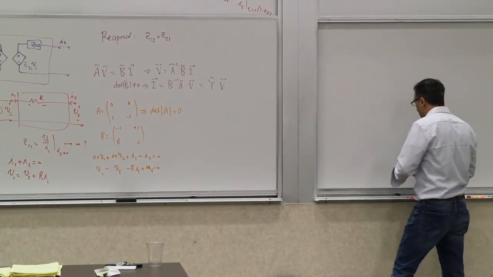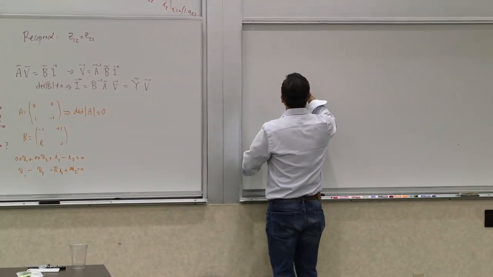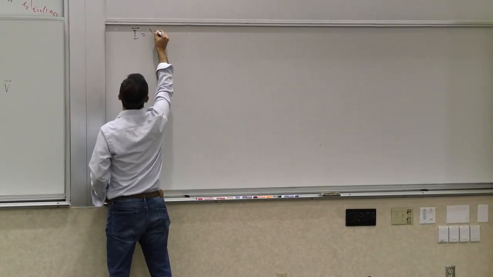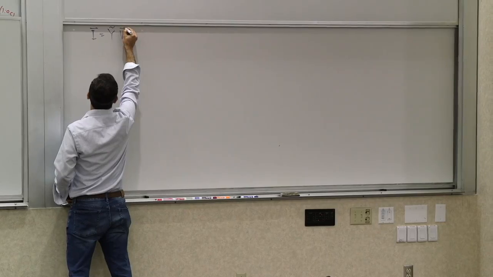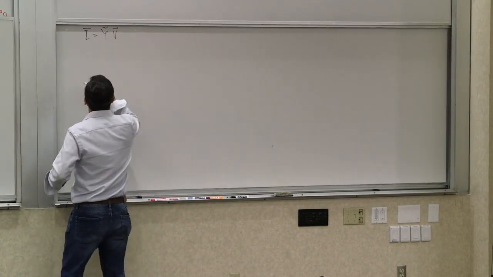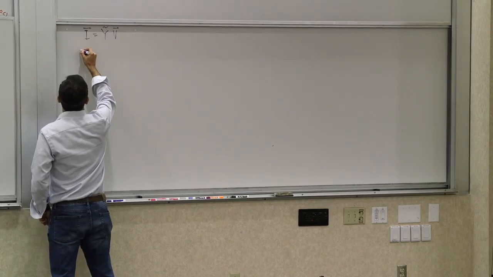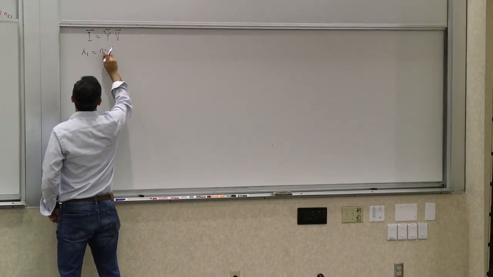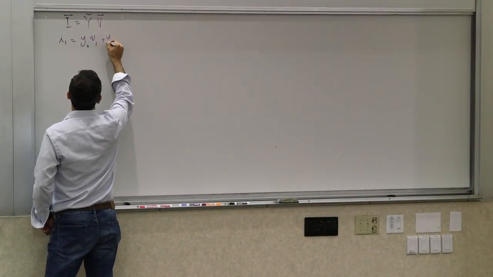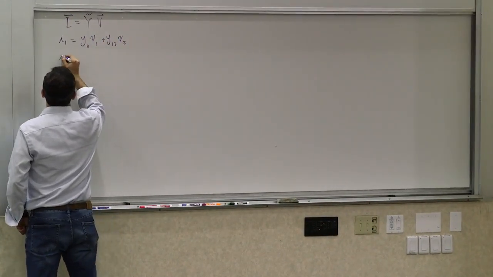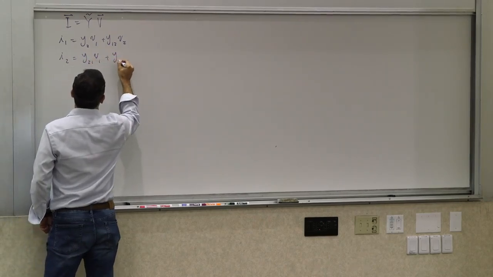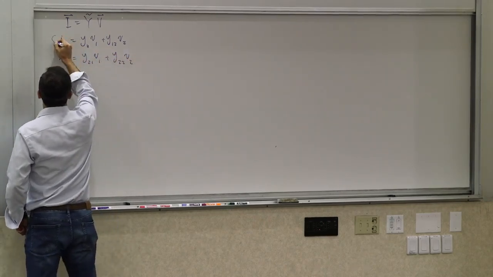If we write this time I as Y on V, then in expanded form, what you will get is I1 equals Y11 V1 plus Y12 V2. I2 is Y21 V1 plus Y22 V2.